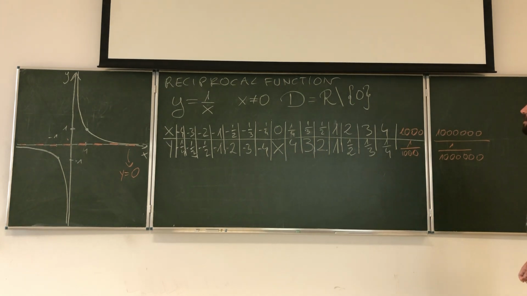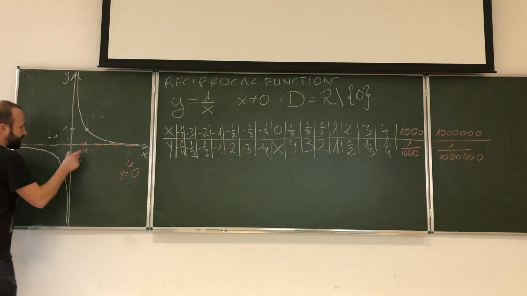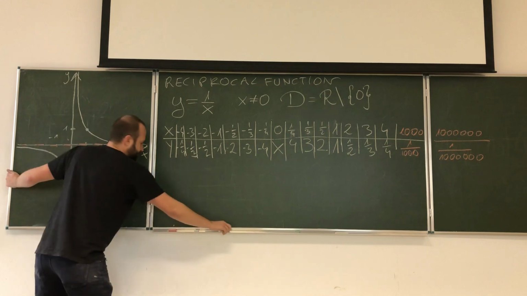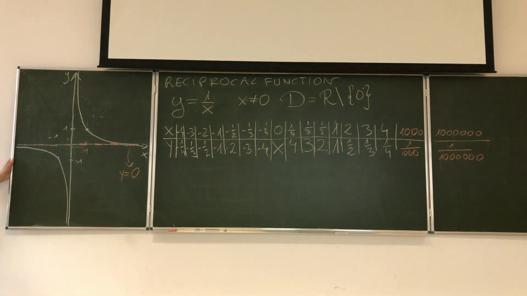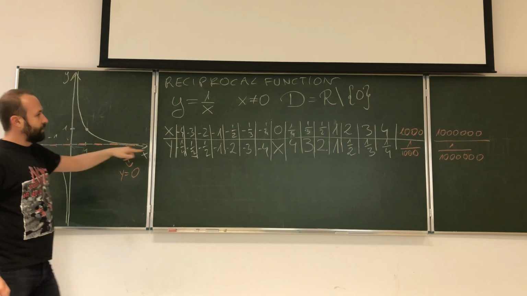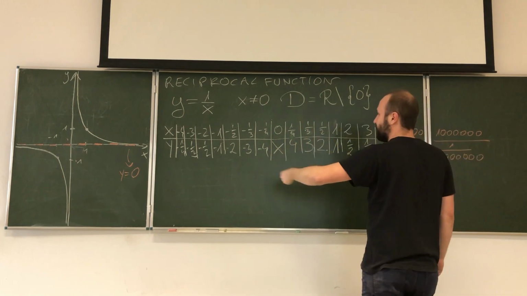So now let's think what is happening as the values of x are getting from negative 1 to 0. Look, what is happening now is that values of the function, we are dividing by a smaller and smaller and smaller number.